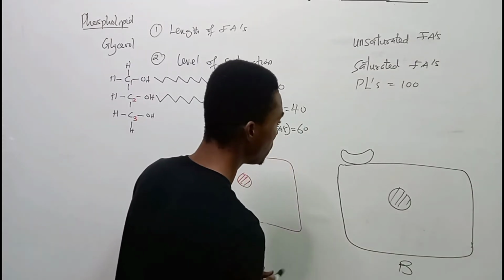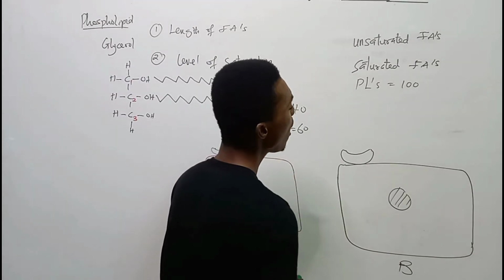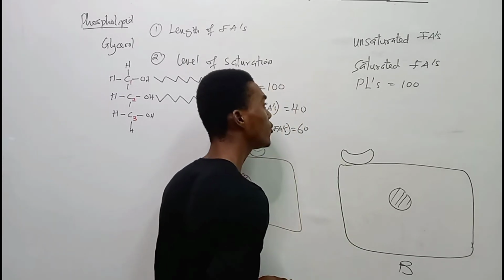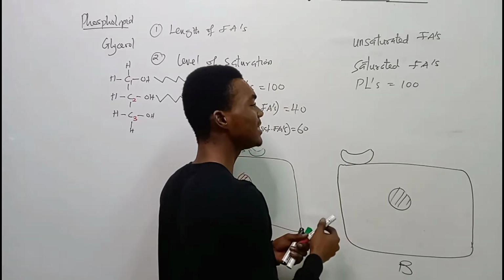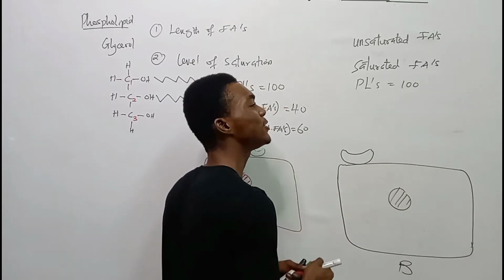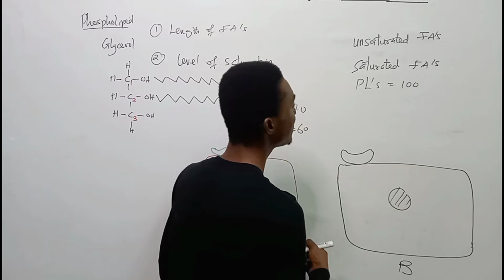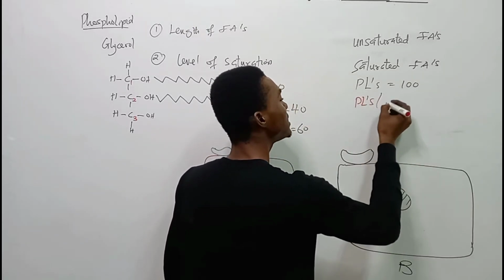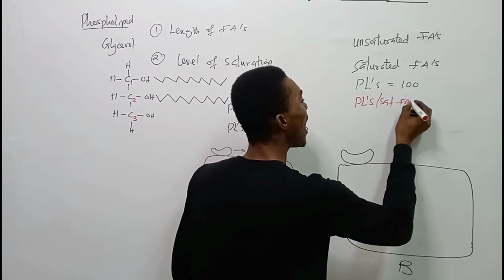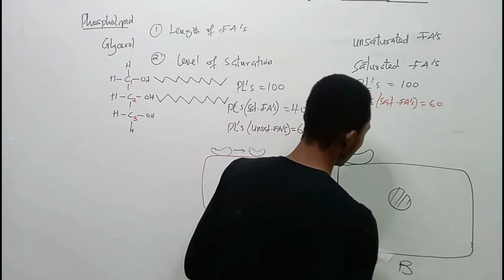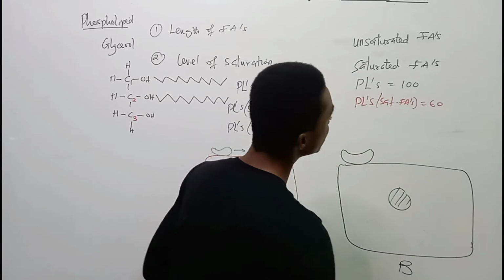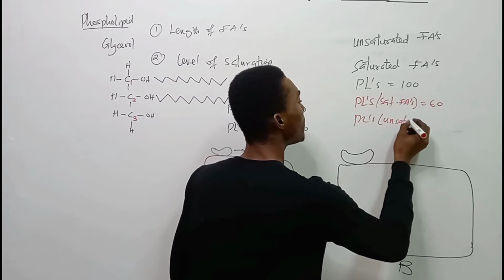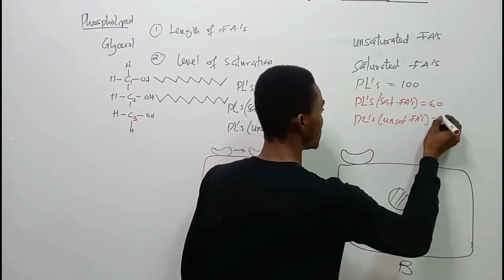Let's go to cell type B. Out of the 100 phospholipid types, we have 60 having saturated fatty acids. But the phospholipid types with unsaturated fatty acids cover the remaining 40.